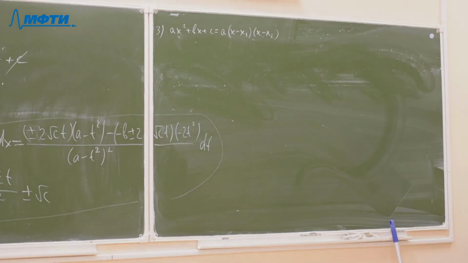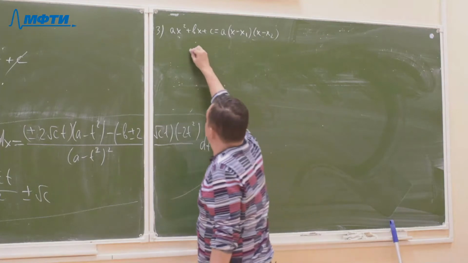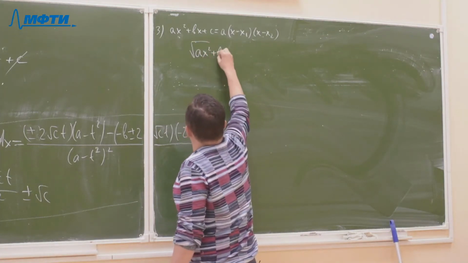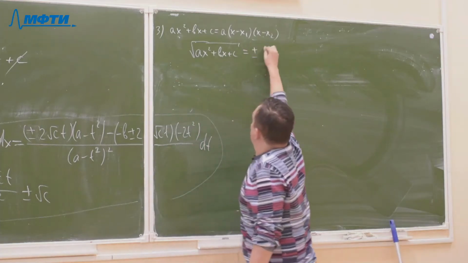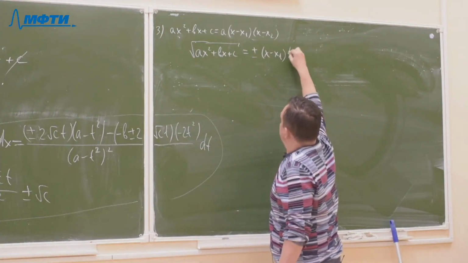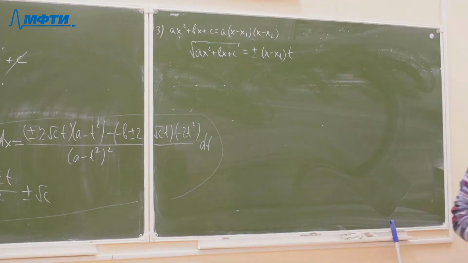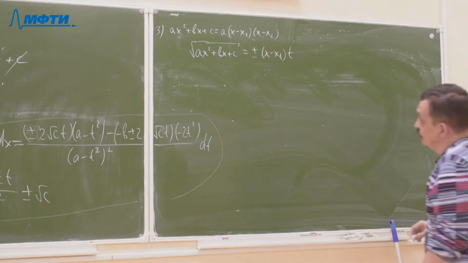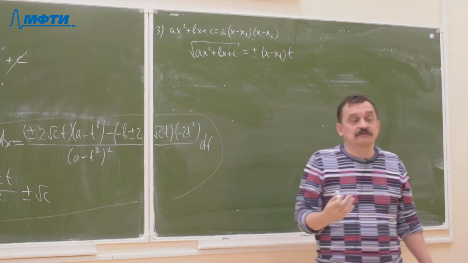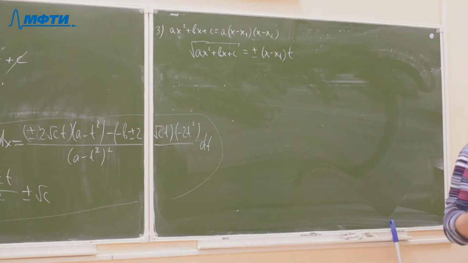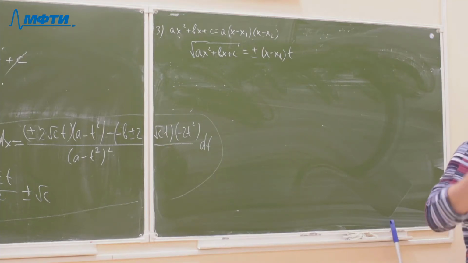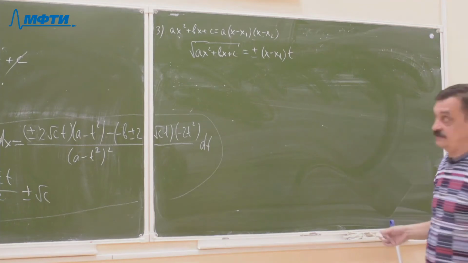So the third Euler substitution works in the case when we have two real zeros of the quadratic polynomial under the square root. Then the substitution is as follows: plus or minus (x minus x1) times t. Okay, once again, the main task in Euler substitution is to express x as a function of t, to be able to realize the substitution.